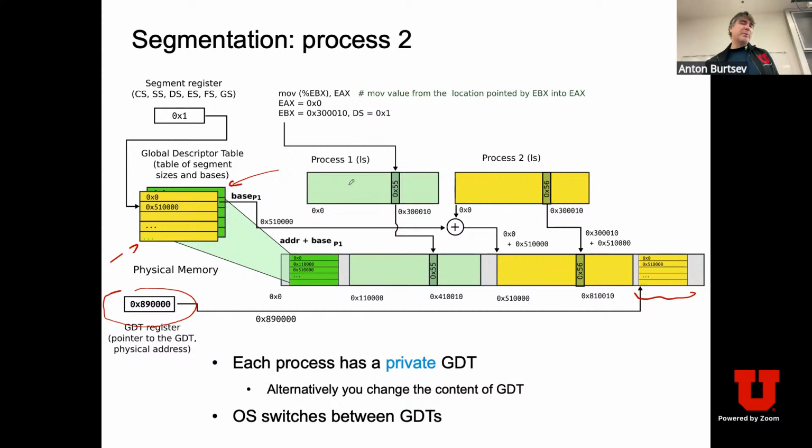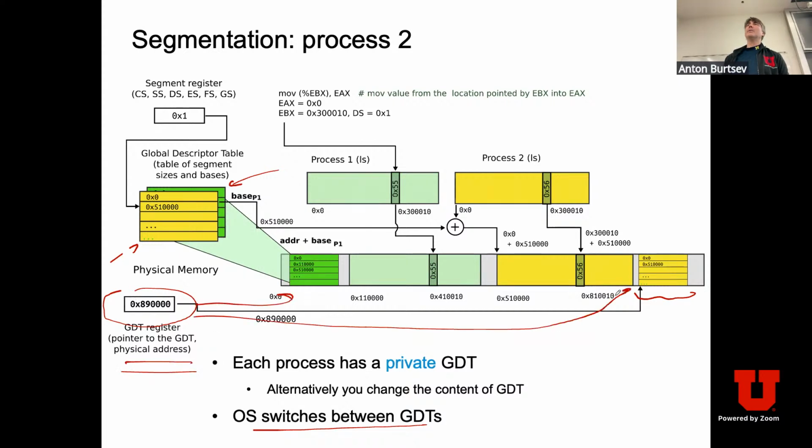When you switch from process to process, the operating system can switch between these tables by updating the GDTR register, so instead of pointing to the green one, it now points to the yellow. Or, as we will see later, x86 instead of switching between two physical tables just updates the values within the table to enforce specific limits for each process, right?